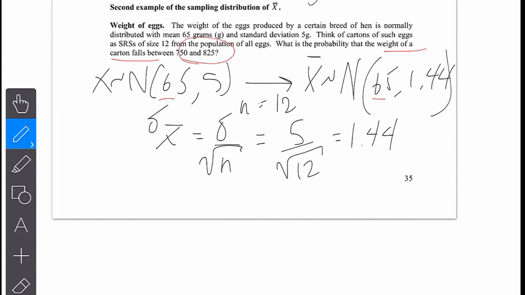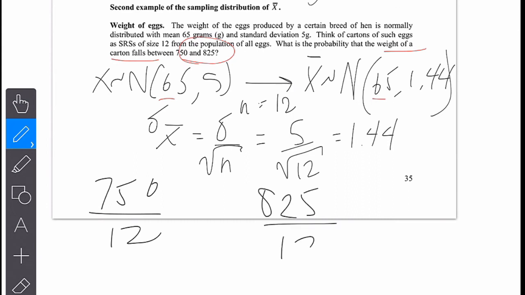I'm going to take 750 and divide it by 12, and take 825 and divide it by 12, because I really want the average weight of an egg in the carton, which is what I derived here.